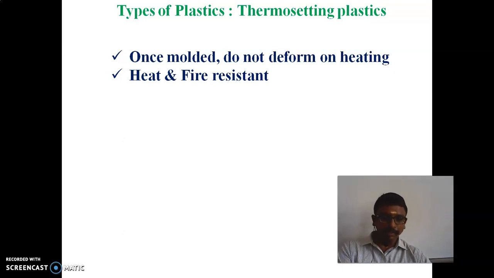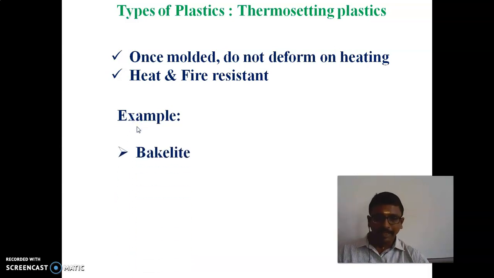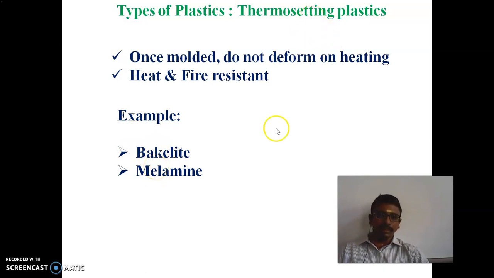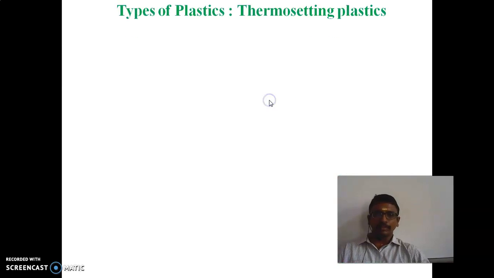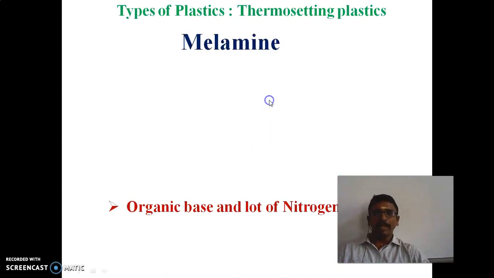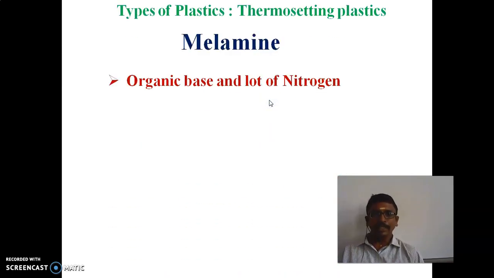The examples of thermosetting plastics are Bakelite and Melamine. First we will see Melamine. Melamine is an organic base and it has a lot of nitrogen.